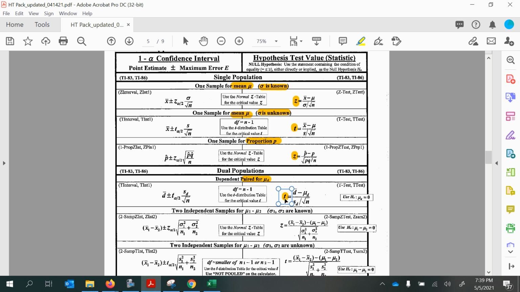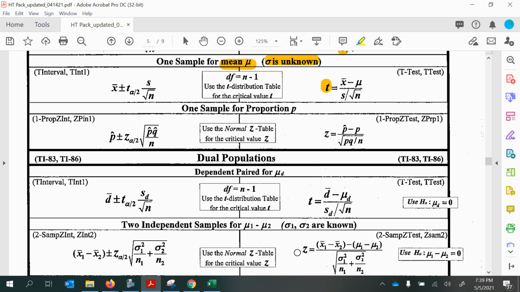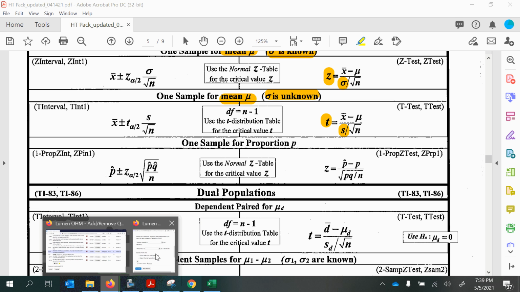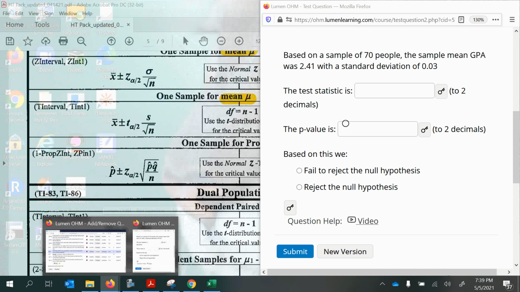So for this one, we've already determined that it is a claim about a mean. So it's going to be one of these two options. We just need to determine if we know sigma, so it'll be a z-score test, or if we know the sample standard deviation S, and then it'll be a t-test. So let's read the problem and see which one they gave us.